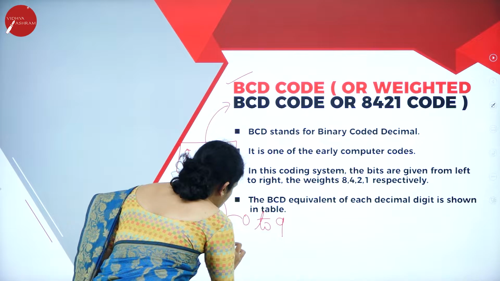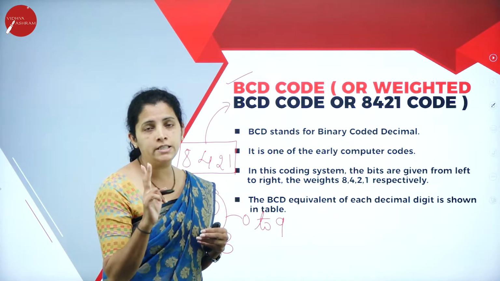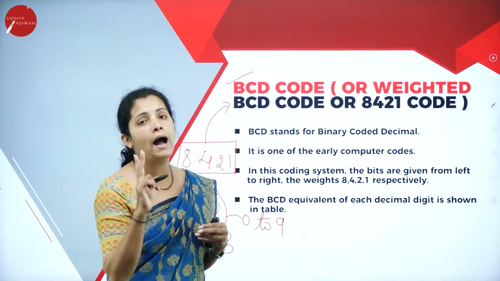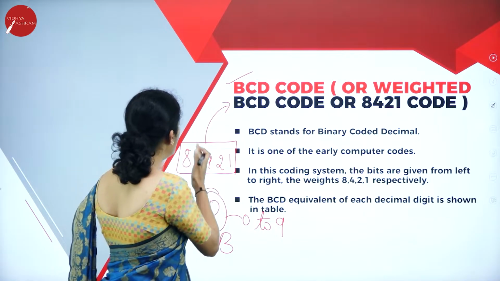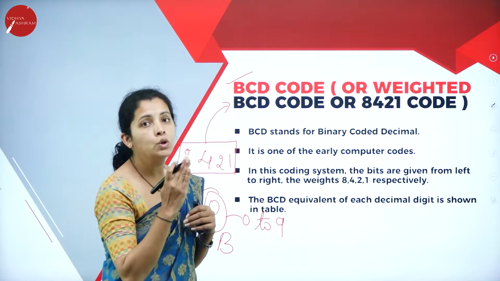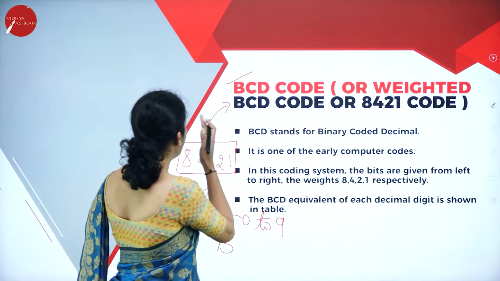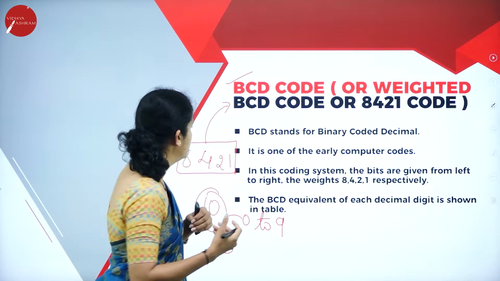And if I consider binary number system, I'm having only 2 digits, that is nothing but 0 and 1. And to represent decimal numbers, I'm going to follow this way, that is nothing but 8, 4, 2, 1. So here 8, 4, 2, 1 is nothing but the weight.